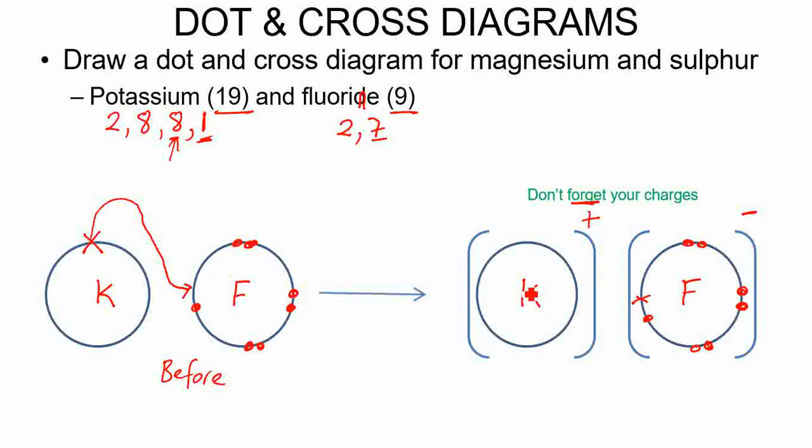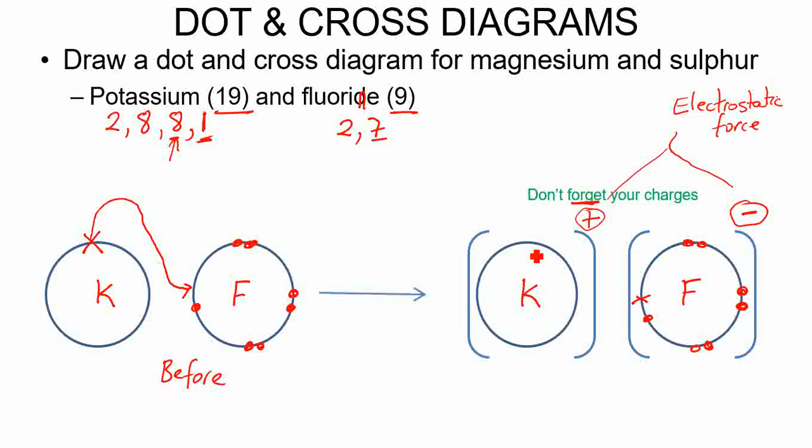Now these are no longer atoms, these are ions, and there's an attraction between that positive ion and that negative ion. It's a match made in heaven, and that attraction results in the electrostatic force.